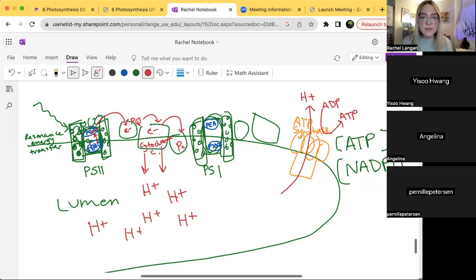And that's how we make ATP. So basically we get this energy from light, put hydrogen ions into the thylakoid, and use those hydrogen ions to power ATP synthase.